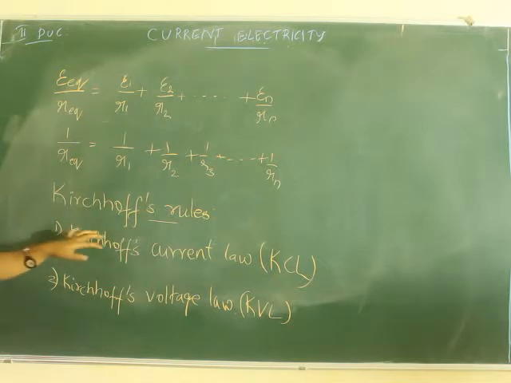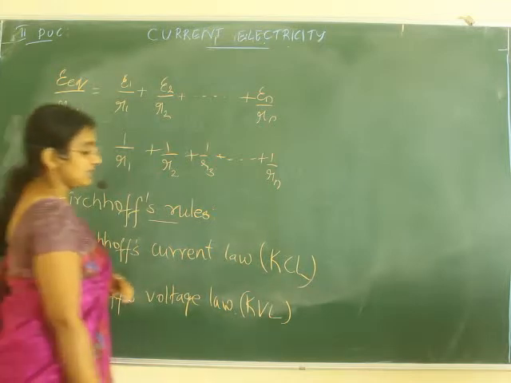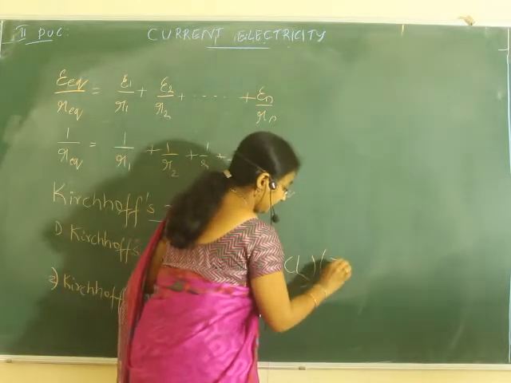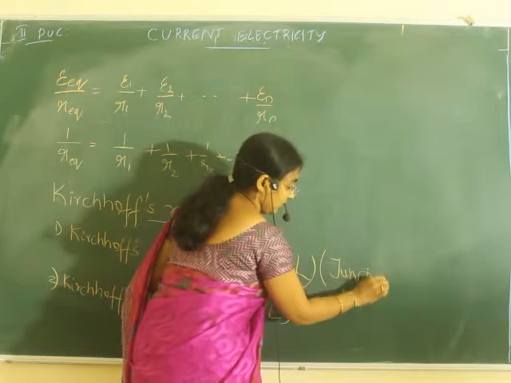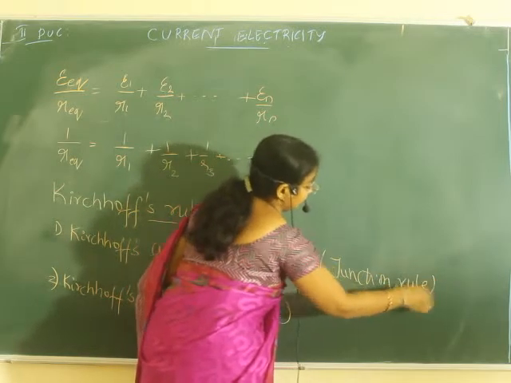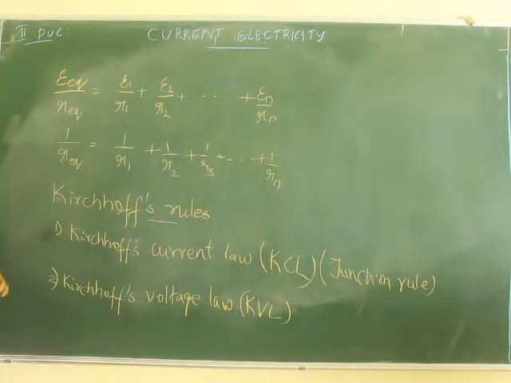Or else, the first one, that is Kirchhoff's current law, can also be called junction rule. Whereas Kirchhoff's voltage law is also called, do you know what it can be called?